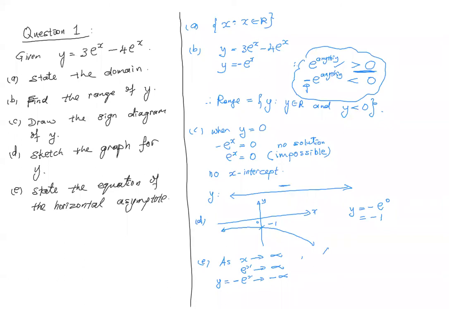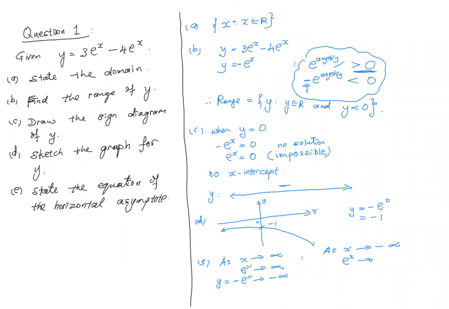And you know that as x approaches negative infinity, what happens to e to the power x? It approaches 0.